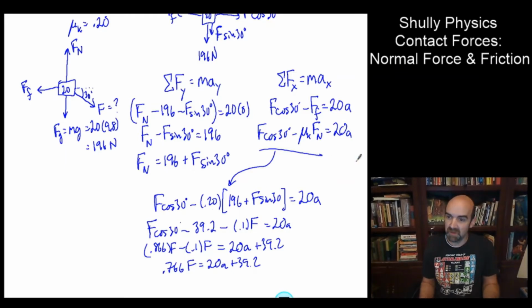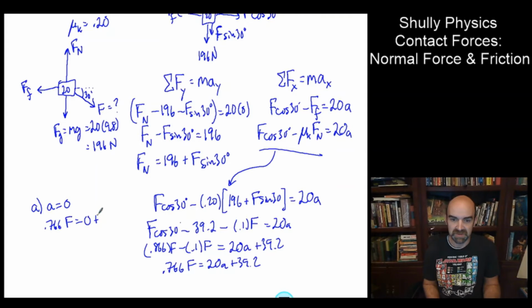Excellent. So now we can put in our two conditions. For A, constant velocity means acceleration is 0. So we're going to have 0.766 F equals 0 plus 39.2. And divide both sides by 0.766.